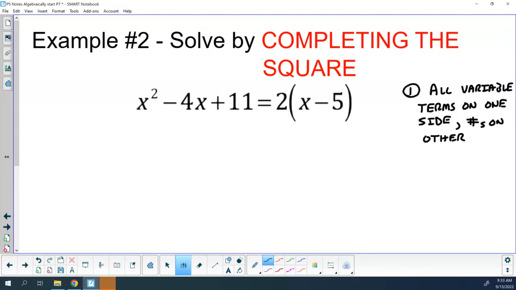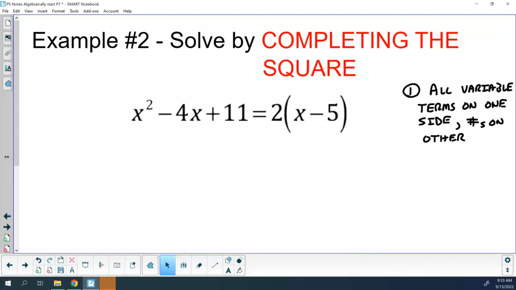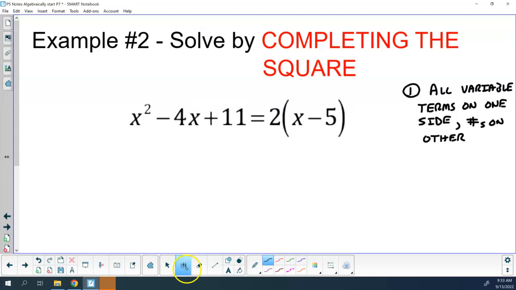If I distribute this 2 here, that gives me x squared minus 4x plus 11 equals 2x minus 10.